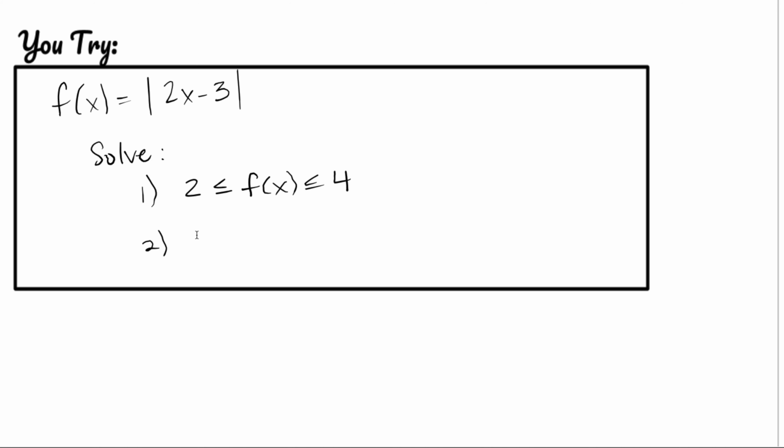And then the other compound inequality is f of x less than 2 or f of x greater than 4. So again, graph that function on Desmos, solve graphically those 2 inequalities, and bring your solutions to class.